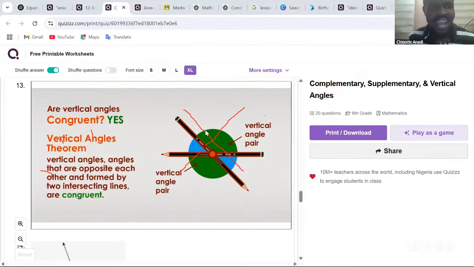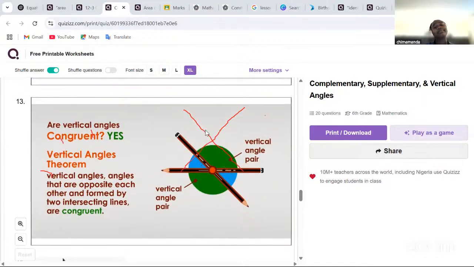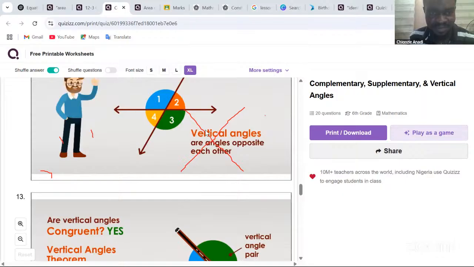Very good. Are vertical angles congruent, Chimamanda? Yes, sir. Very good. Gerald, are vertical angles equal? Yes, sir. So I'm happy that you're correct.